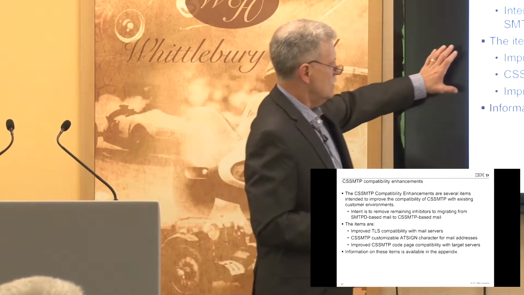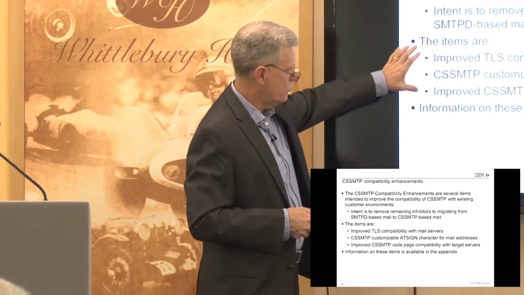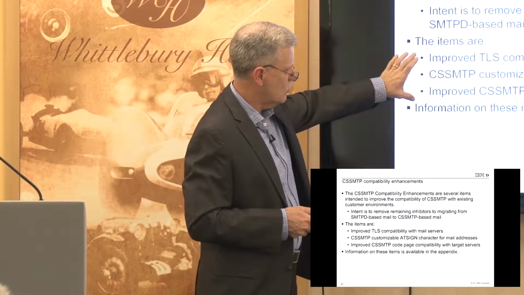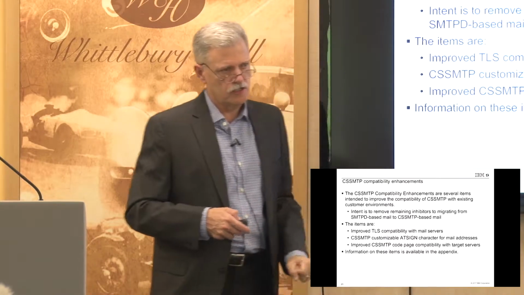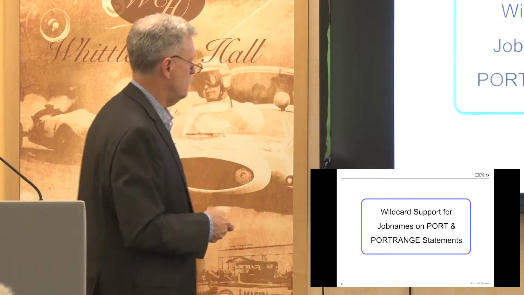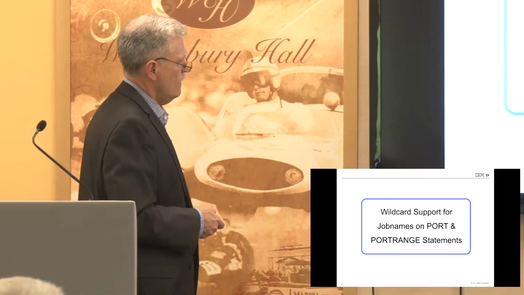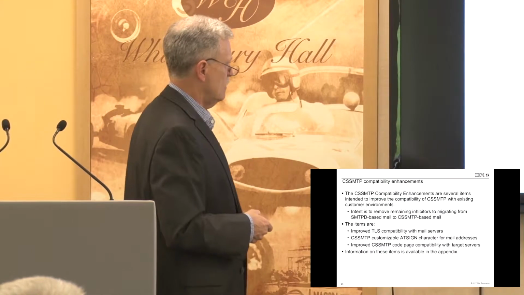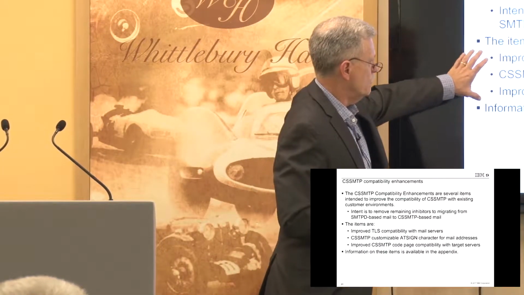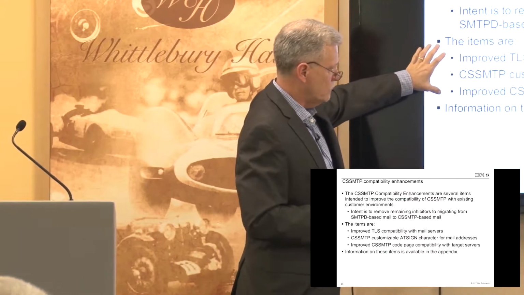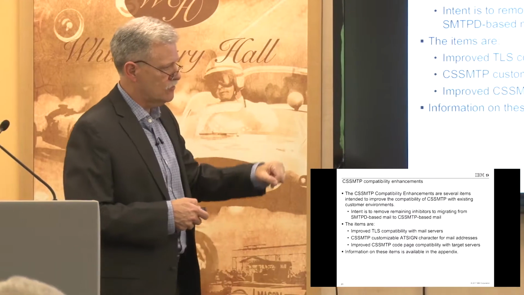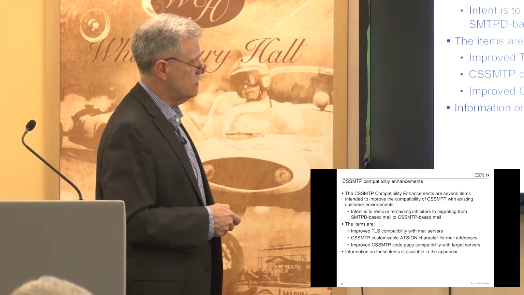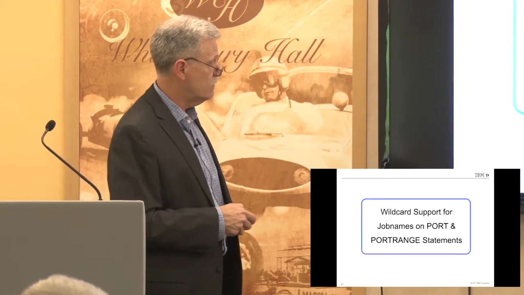So again, just as in the previous, the SendMail bridge, the 3 items I'm talking about here, I have a couple charts on each, but the details are also in the backup because it's quite a bit of information. So hopefully that's the information that will help you get through the migration for SendMail. And again, the details are in the backup, and hopefully that's enough information for you as an overview.